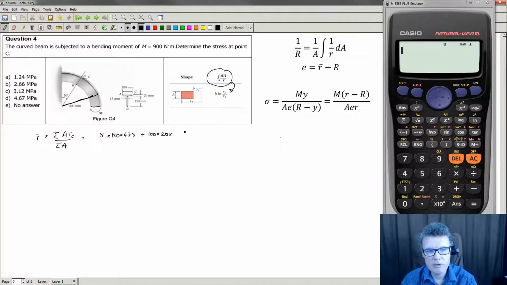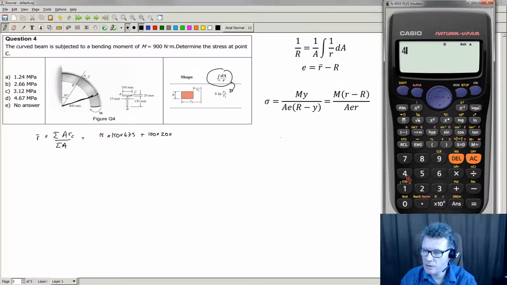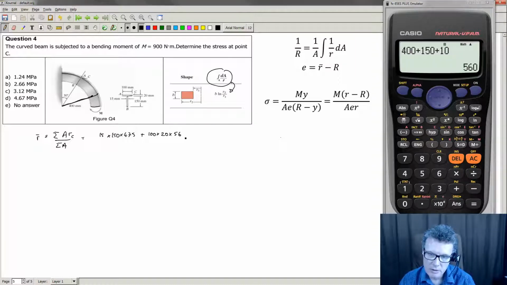It's going to be 400 plus the lower section, which will be plus 150, plus half the height of the top section, which is 20, half of that will be plus 10. So that will be 560.